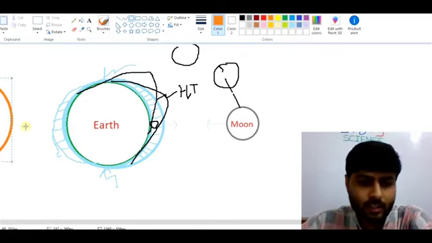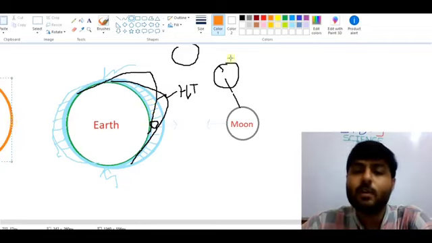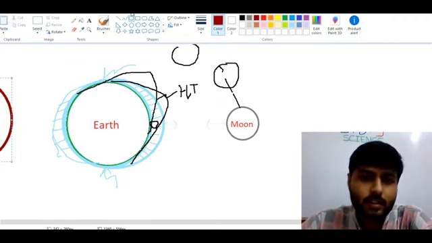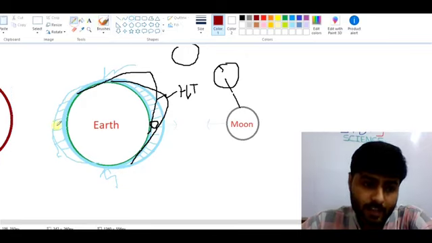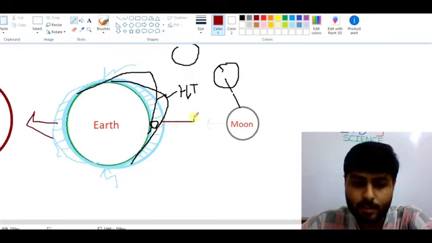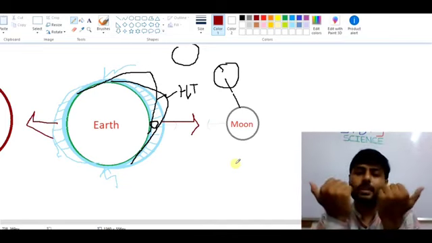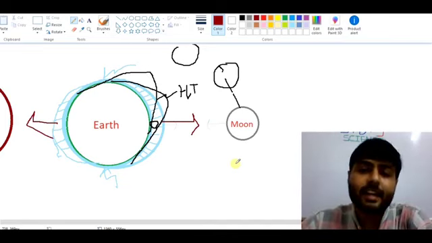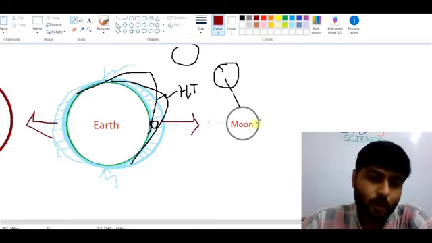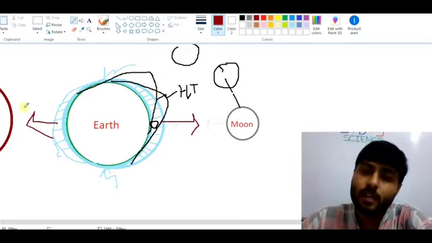In this situation, it tries to oppose or lower the effect of moon's gravitational force, because this sun tries to pull this water towards it and moon tries to pull it towards itself, so these are opposite forces and will create a diminishing effect. So the effect of pulling of moon will be diminished by sun.